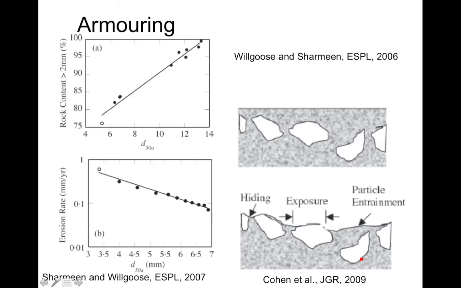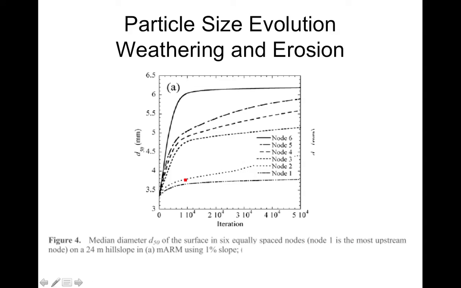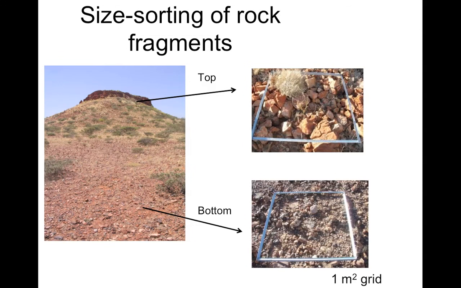And so their model actually tries to predict this armoring effect. They come up with relationships between the erosion rate and the mean particle size, D50, and also rock content greater than 2 mm, and the D50. This is some experimental data. Put that into their model and then look at how the system erodes with time. I'm not going to go into detail. You can look up those papers if you're interested.